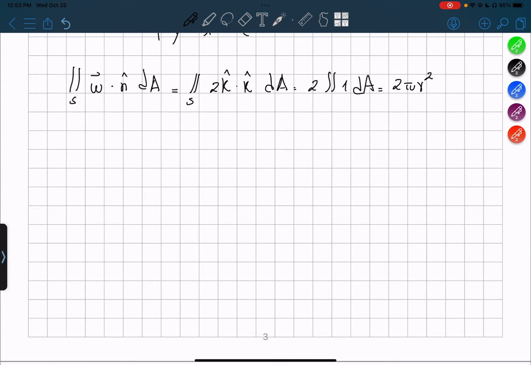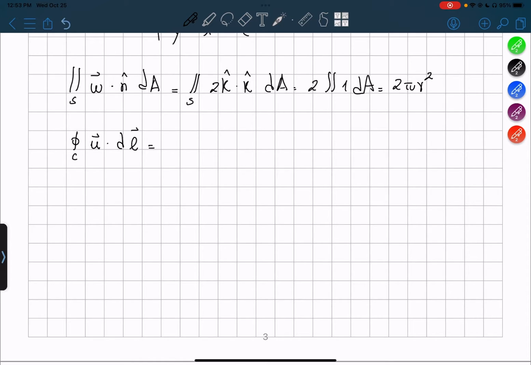Now we can do the same thing with our other method, which says that it's going to be the integral over a closed contour of u dot dl vector. Okay. So now, since we have movement in Cartesian coordinates, that becomes just complicated and hard to do.